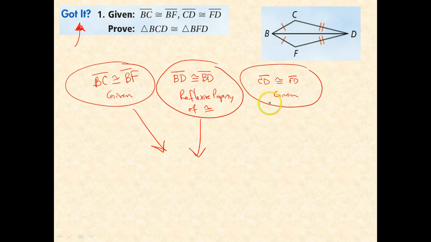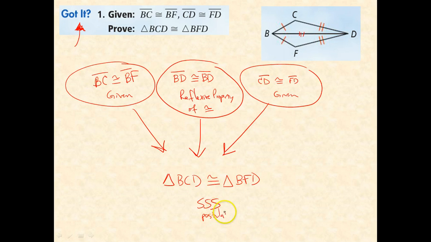These 3 facts combine to give us, let me mark my little congruent symbols up there, to give us that triangle BCD is congruent to triangle BFD by side, side, side postulate. QED.